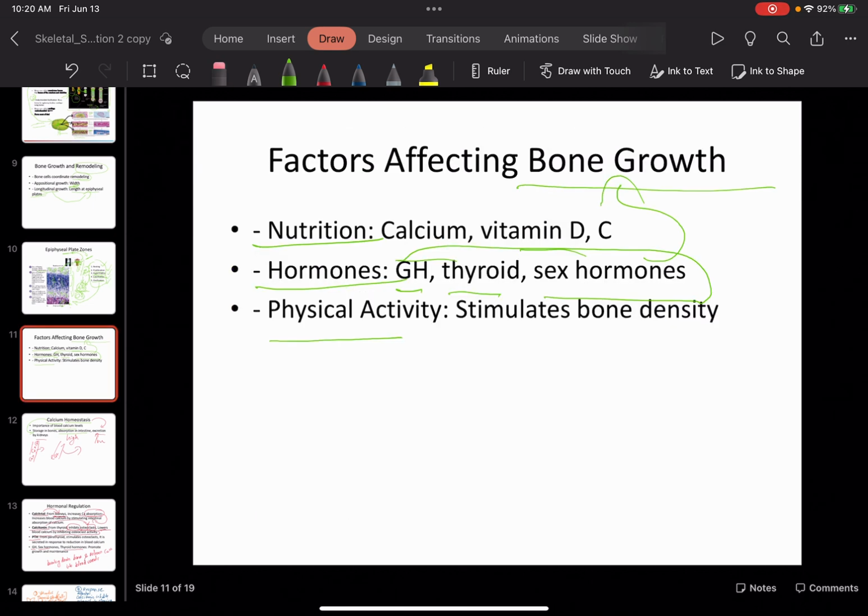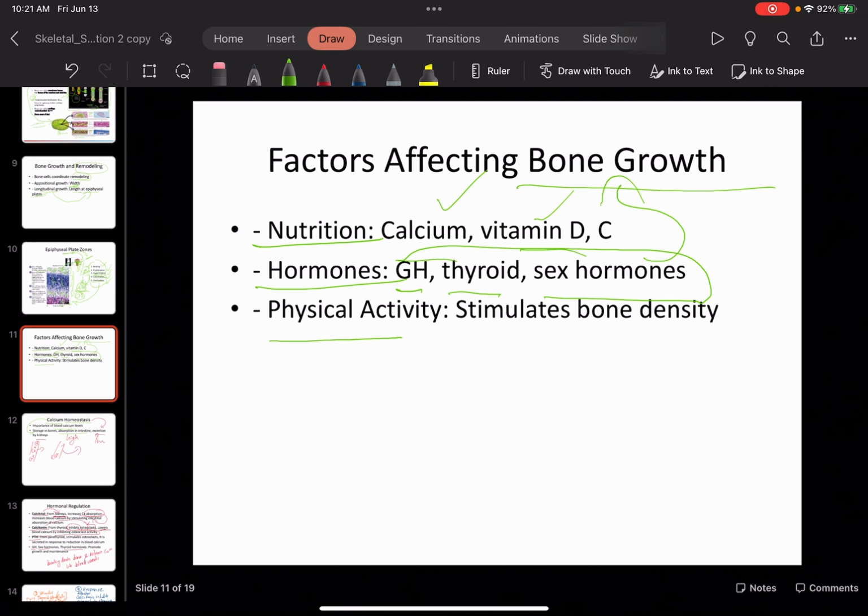their life. So the factors affecting bone growth are nutrition, hormones, and physical activity. Nutrition like calcium is very important, and vitamins D and C are very important for bone growth. If you are lacking those, make sure your diet includes these nutrients.